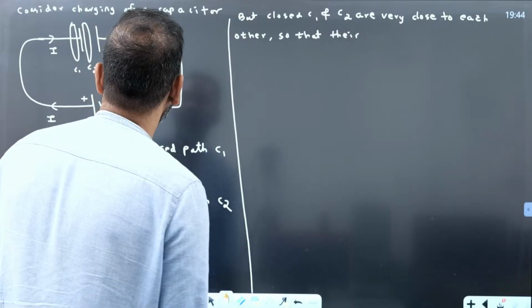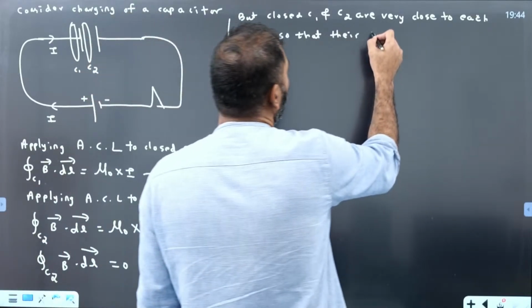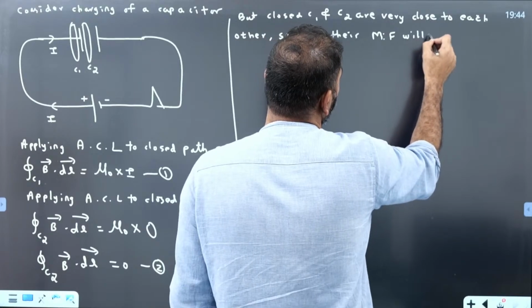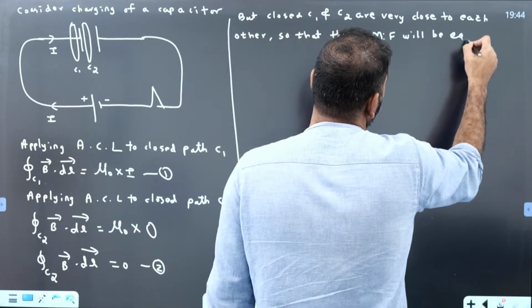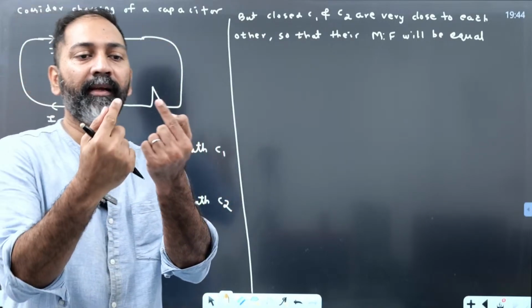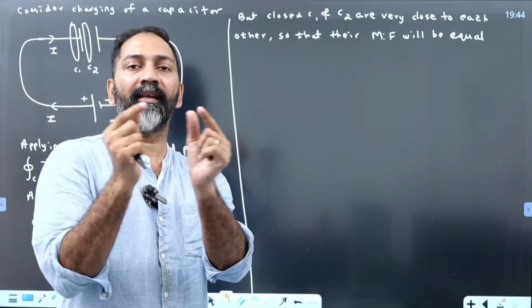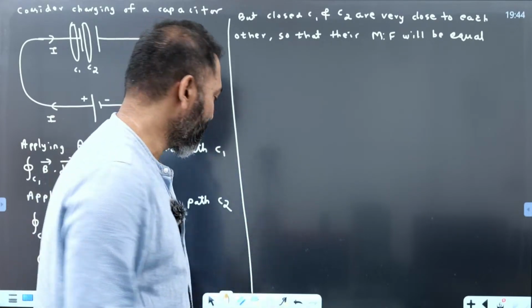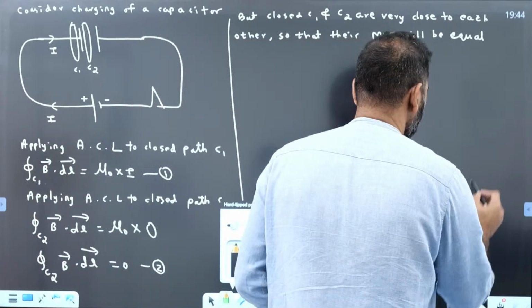C1 and C2 are close to each other, so their magnetic field will be equal. Because why is the magnetic field equal? Because they are very close to each other. If two closed paths are close, the magnetic field enclosed by them will be what? Almost equal. I can show that with the diagram.